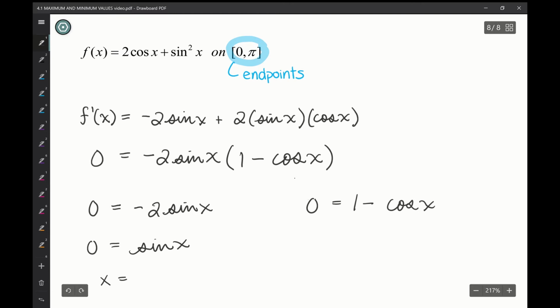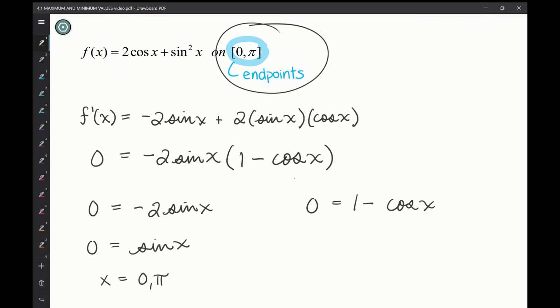So that means that x is equal to 0 or pi. There are more values, of course, where sine of x is equal to 0, but our interval is just from 0 to pi. So 0 and pi are the only numbers over the interval from 0 to pi where sine of x is equal to 0.